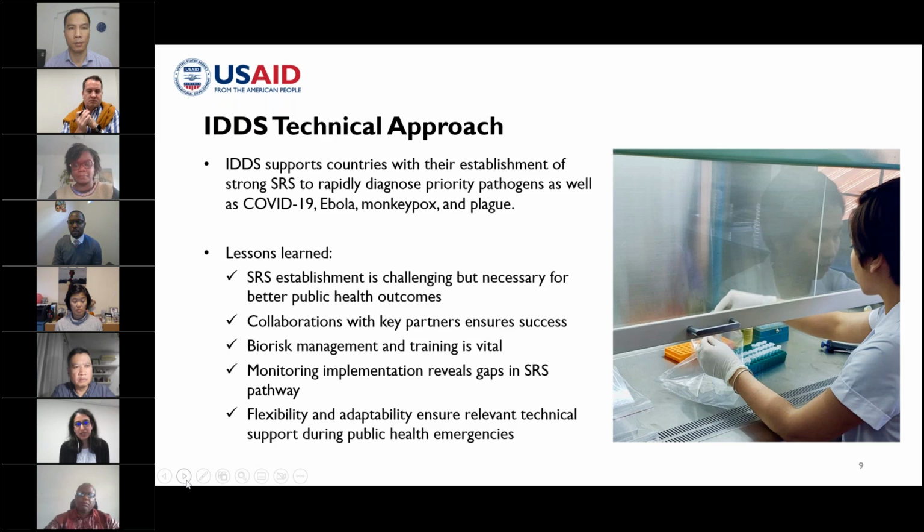IDDS has demonstrated experience across the entirety of the specimen referral pathway, starting with sample collection. During the initial response, we were also able to pivot our ongoing existing technical assistance efforts towards emergency response while still supporting the core functions of the project.